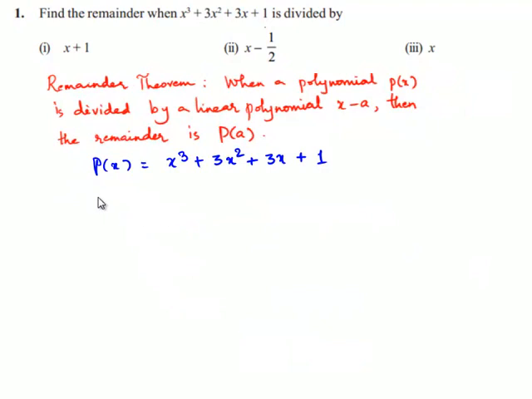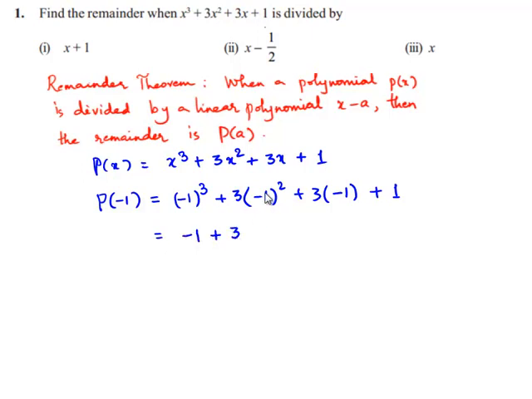So let us substitute x is equal to minus 1 in the given polynomial, which becomes p of minus 1 is equal to minus 1 whole cube plus 3 times of minus 1 whole square plus 3 times of minus 1 plus 1. Minus 1 whole cube is minus 1, plus 3 times of minus 1 whole square is 1, plus 3 times of minus 1 is minus 3, plus 1.